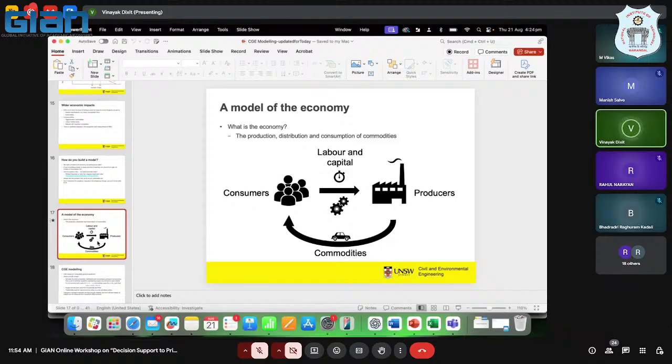The second thing is that it becomes really complex, particularly because there are different sectors of the economy, and each sector is using part of the other sector. For instance, the manufacturing sector will be using commodities from steel.